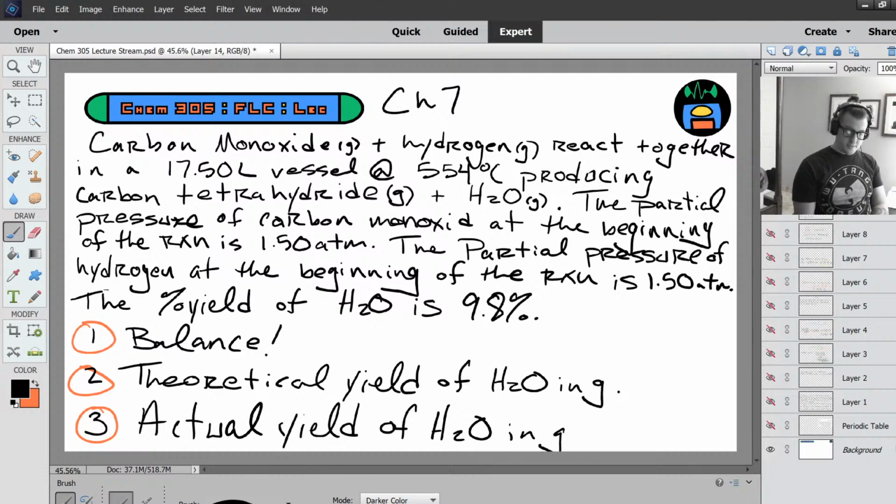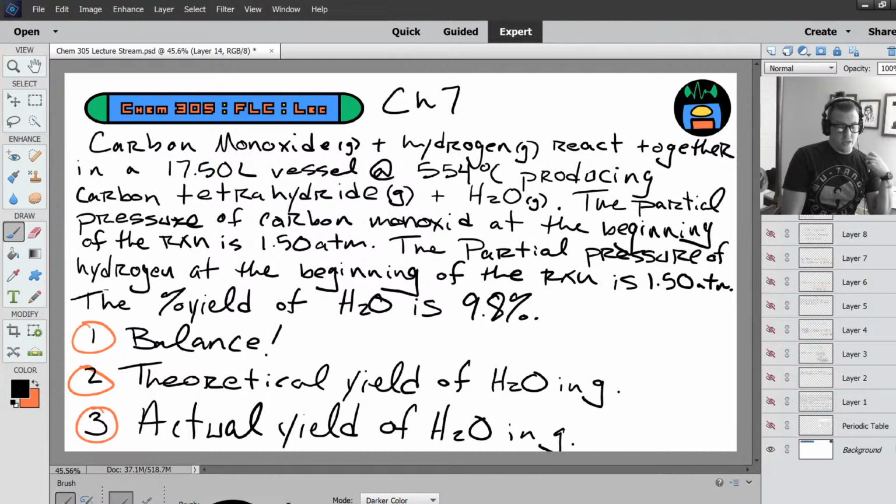All right. So this is just like any other limiting reactant stoichiometry problem, right? We're finding a theoretical yield, we're finding an actual yield based on the percentage given. We have to balance a chemical equation. The only thing different here is we're not given a mass or two masses of reactants.